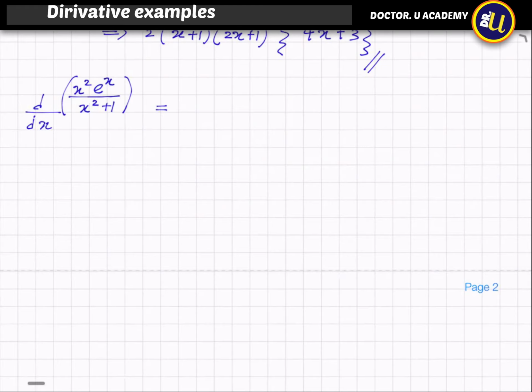So in this question we can see a division, right? So we can see a division as well as a multiplication. So what I will do, I will consider this to be a division first.